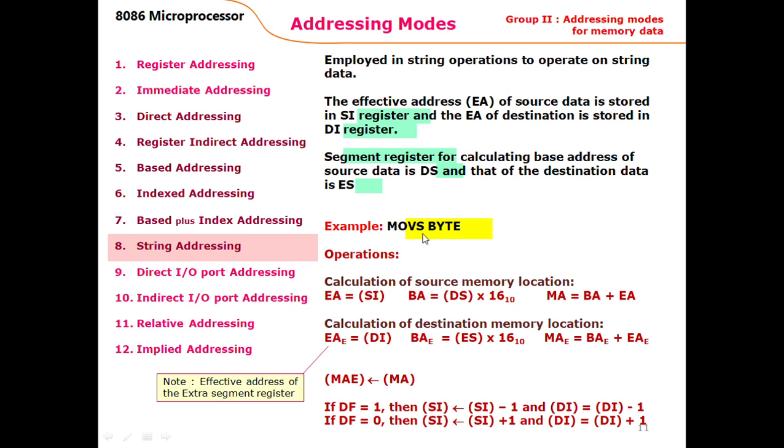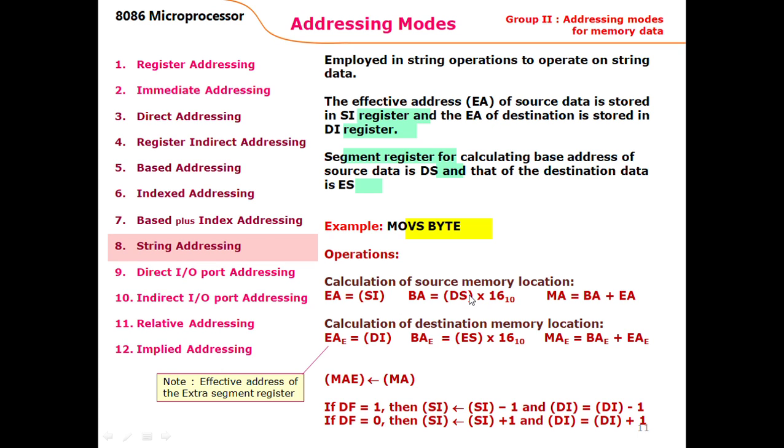This instruction, MOVSB: each time an S is used with a move instruction, that would mean a string instruction. So this is a move instruction, but a move string instruction because of this S. This MOVS instruction would move a byte of string data from the data segment memory location addressed by the source index register to the extra segment location addressed by the destination index register.